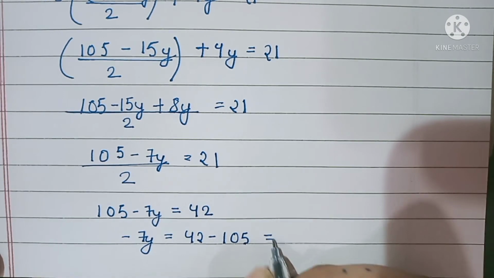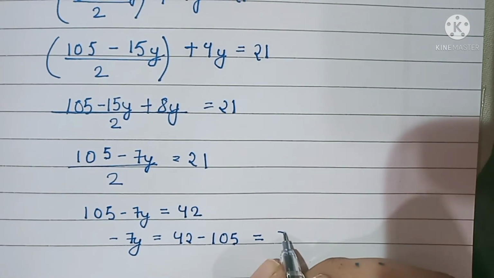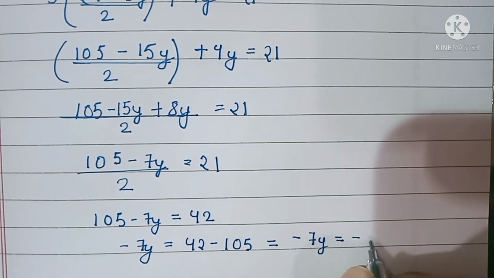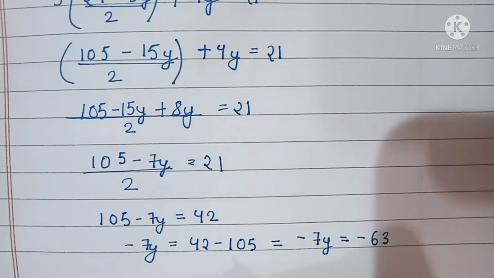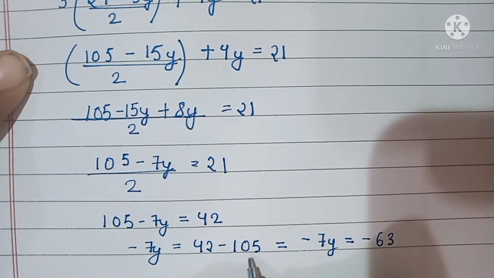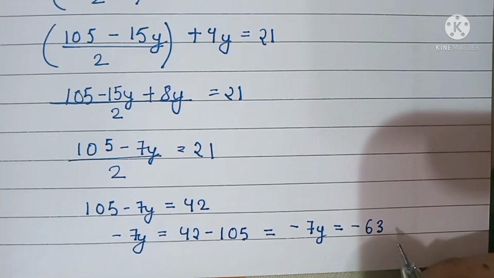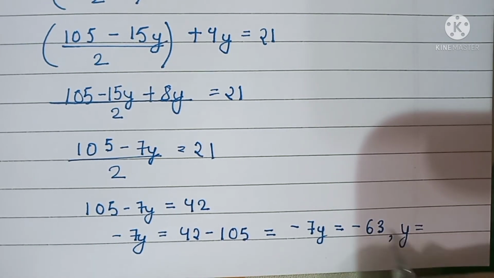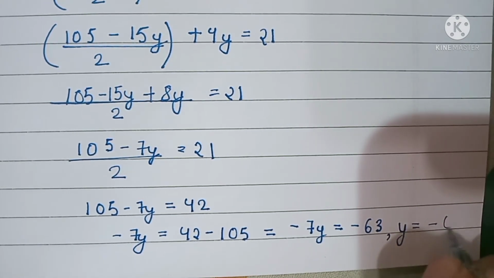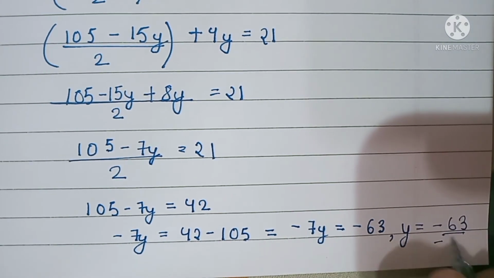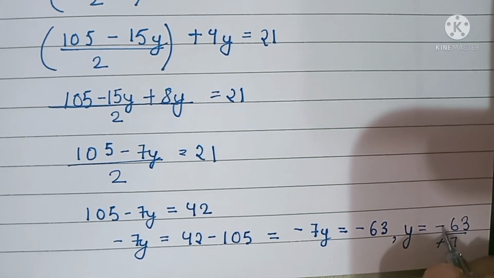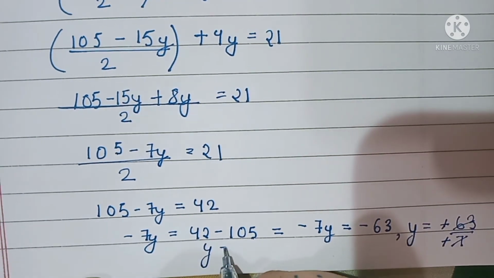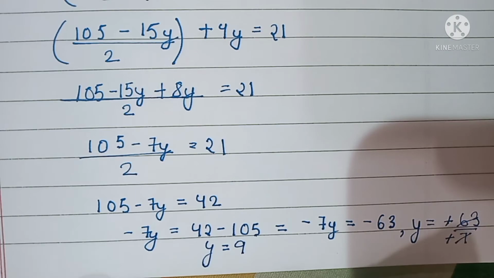So minus 7y is equal to minus 63, on subtracting 42 minus 105. So minus 7 will go in division, minus 63 upon minus 7. Minus and minus will get cancelled. 7 nines are 63. So the value of y comes to be 9.